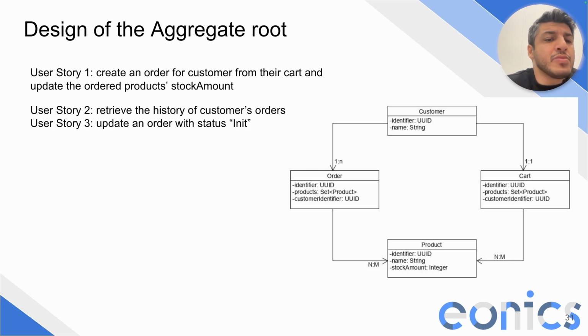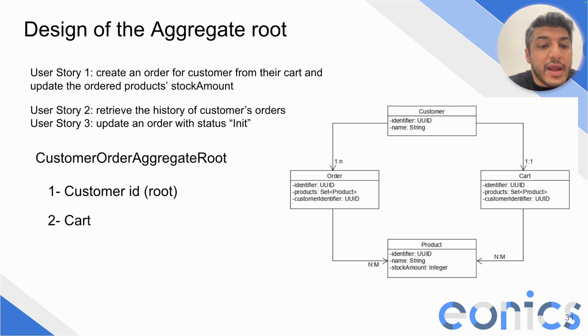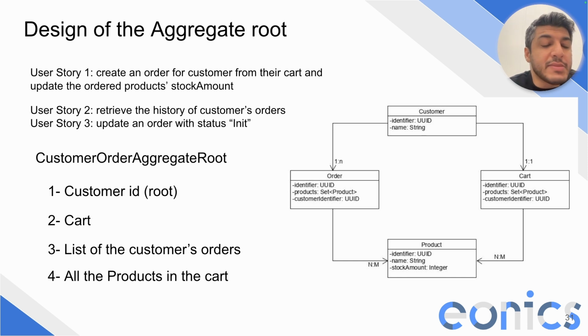Now let's add 2 more user stories. Let's retrieve the history of customers' orders, and also update an order with a status initiated. As you can see, there's no status here, but let's assume that there is a status field in the order, and then the aggregate root that we want to create looks something like this.